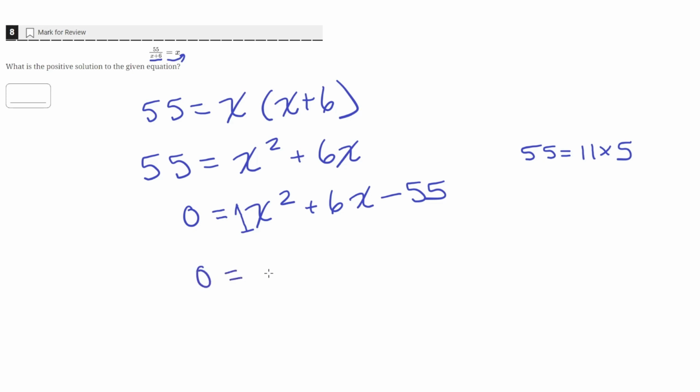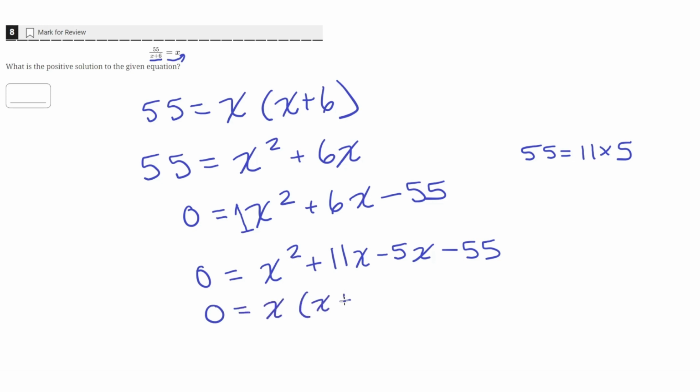So 0 equals x squared plus 11x minus 5x minus 55. So then we can factor out an x from these first two terms, and we can factor out a negative 5 from the second two terms.